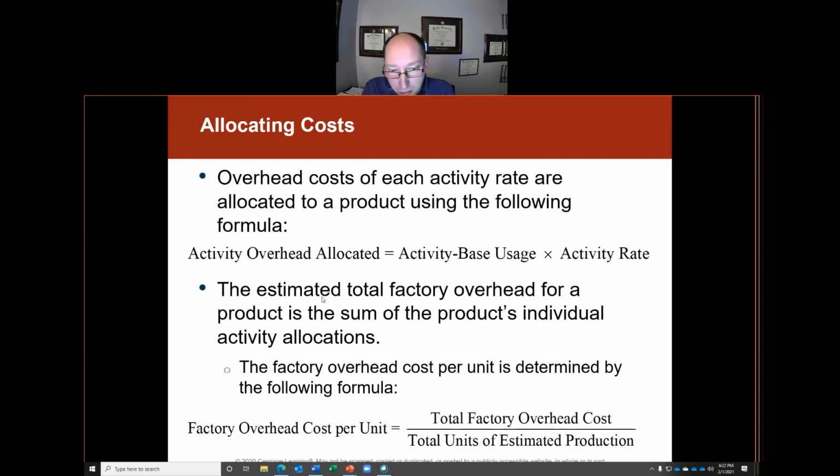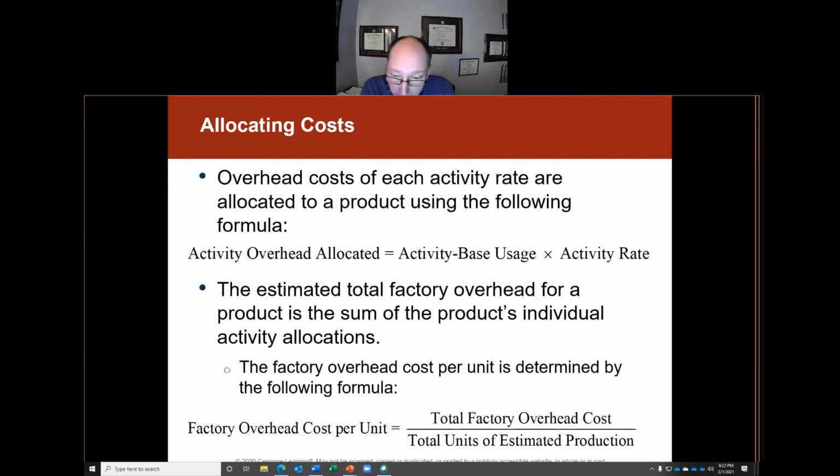Then what we do is we estimate the total factory overhead for a single product by taking the sum of the product's individual activity allocations. So Andre, just like you said earlier, you add up each allocation cost and apply it to each unit.